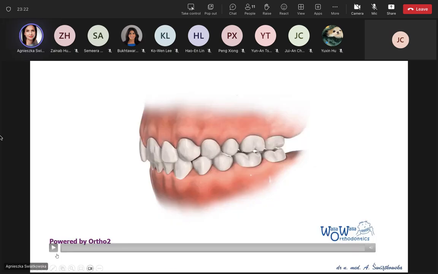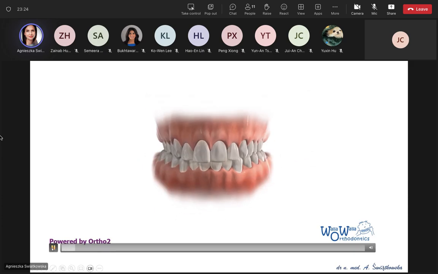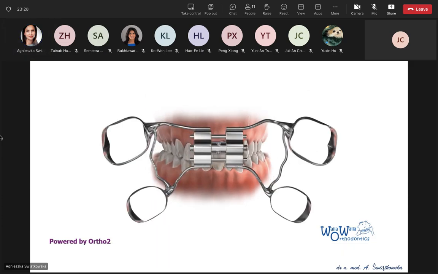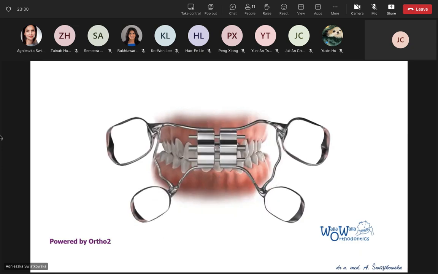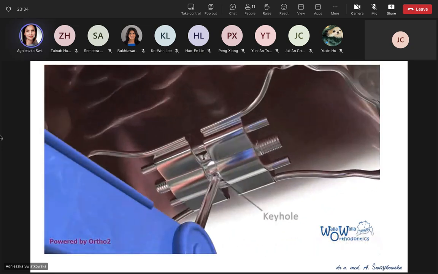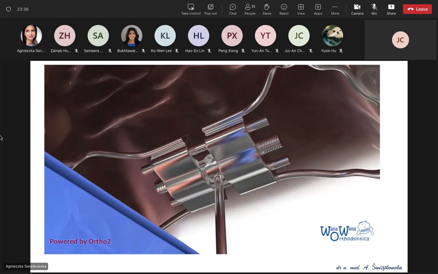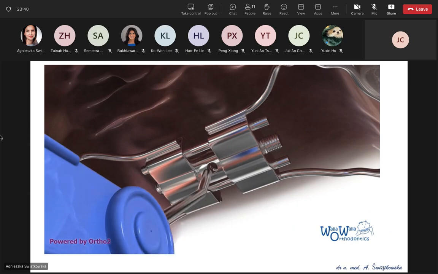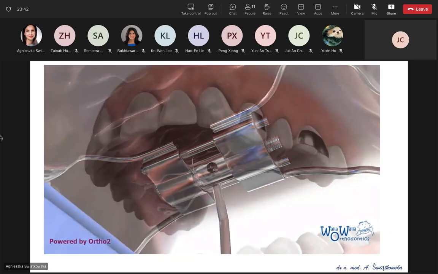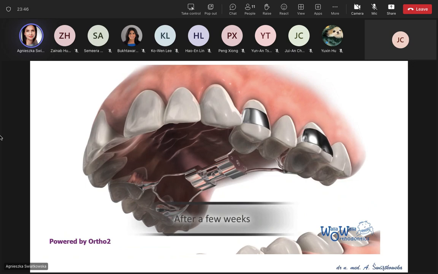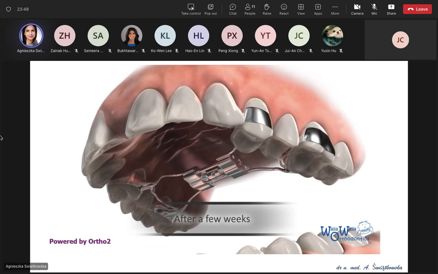And how does this appliance work? This is a Hyrax in permanent dentition, and this is the key. You can see how to activate this appliance and what happened.